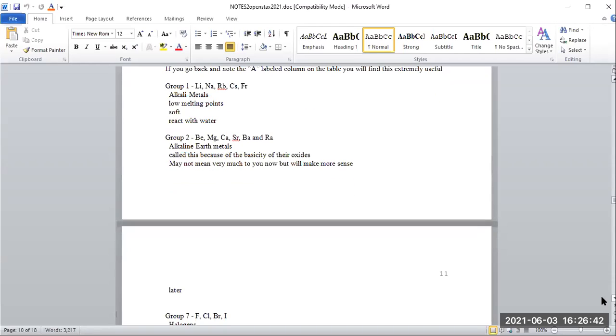All right, let's hop over to the next column. Beryllium, magnesium, calcium, strontium, barium, and radium, radium being radioactive. These have a similar name for their group called the alkaline earth metals.